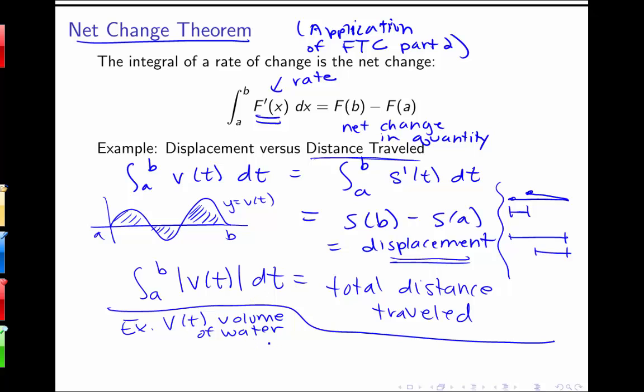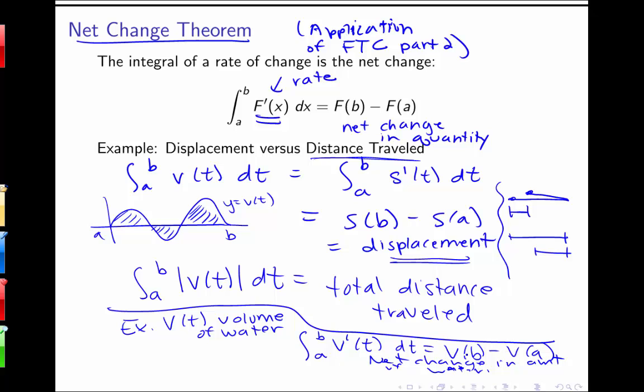If you knew the rate at which your tank was filling, then you could talk about the net change in the amount of water between two time periods by looking at the integral of v prime of t dt. So this would be v of b minus v of a. So this would be the net change in the amount of water between those two different time periods.